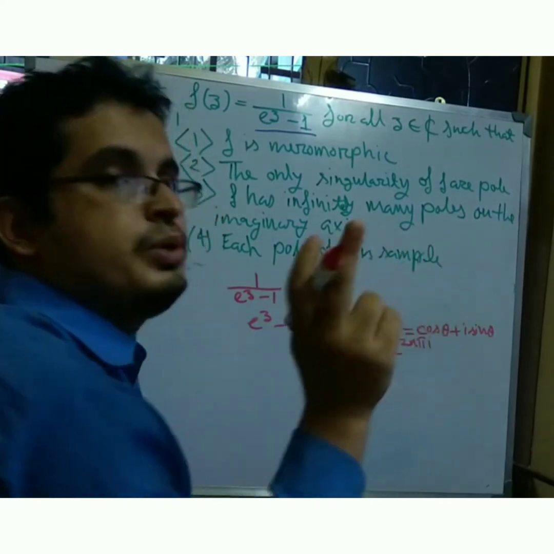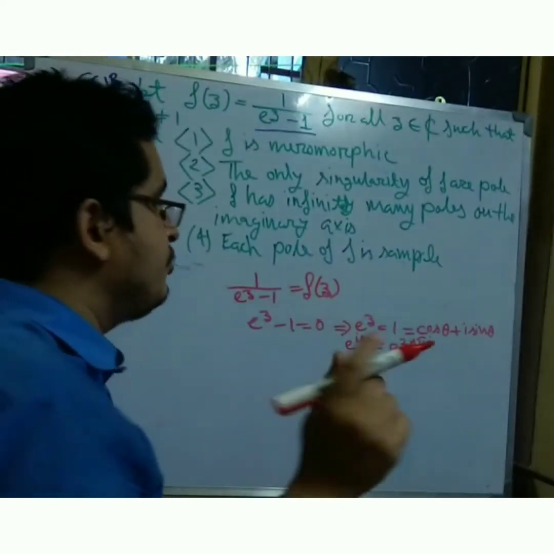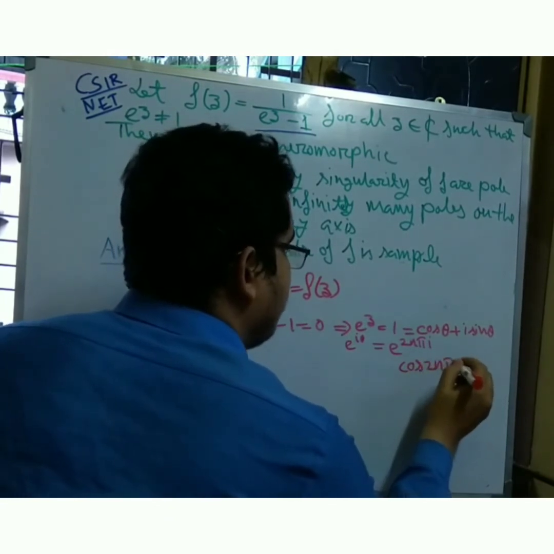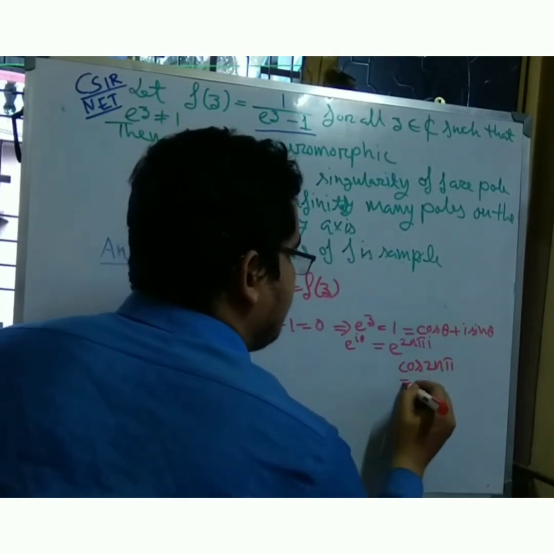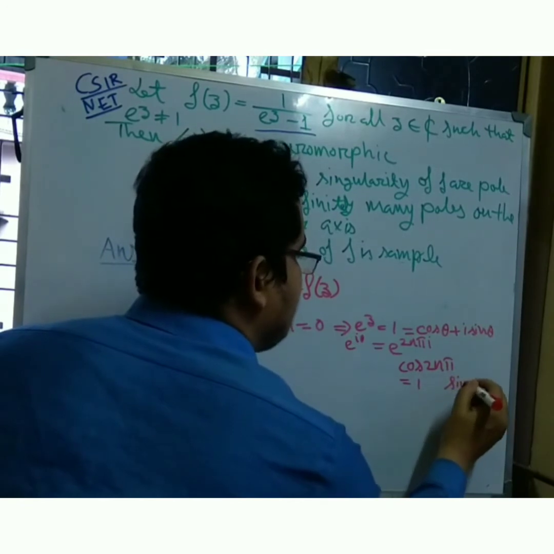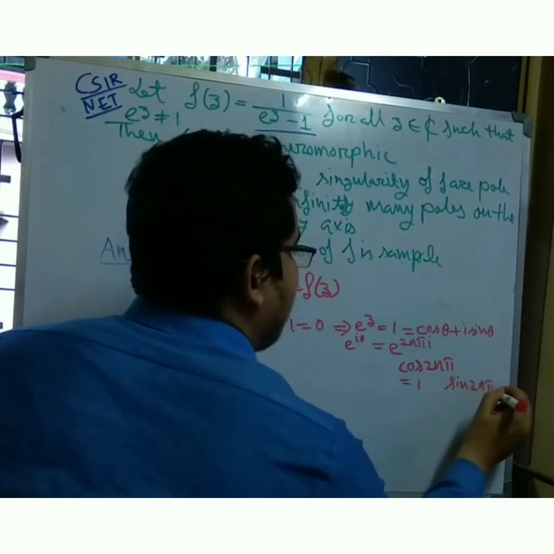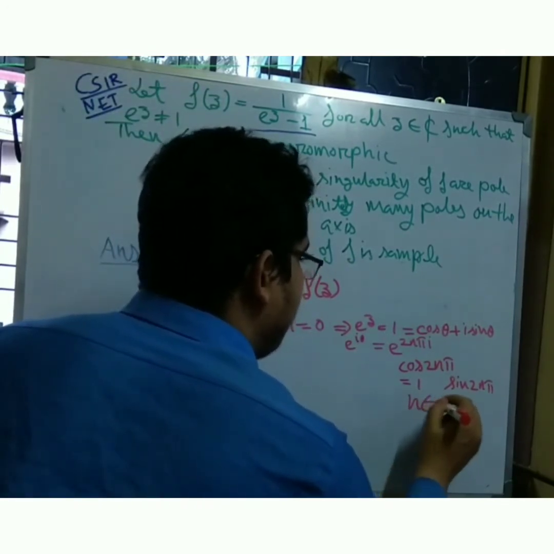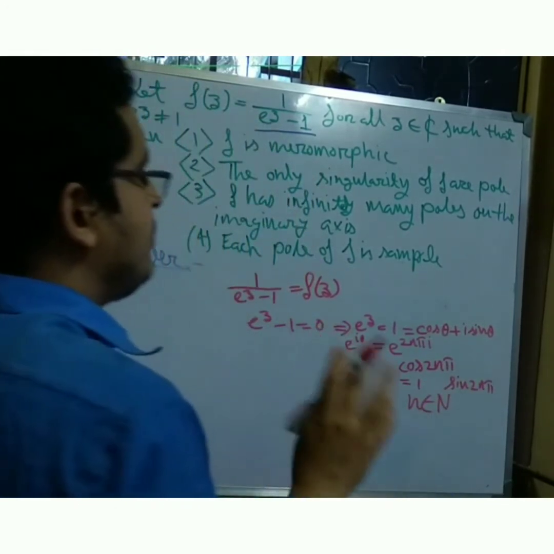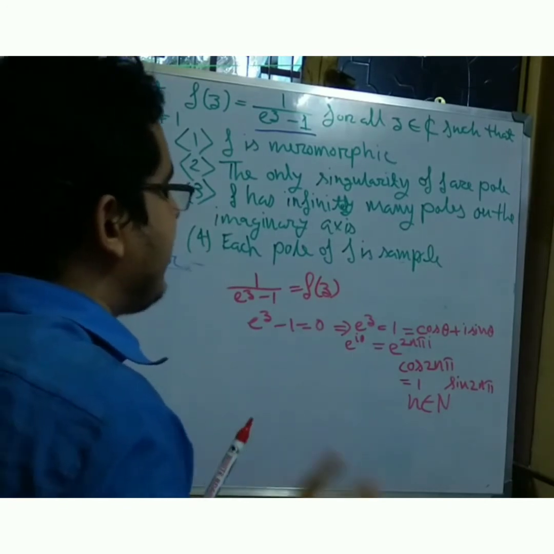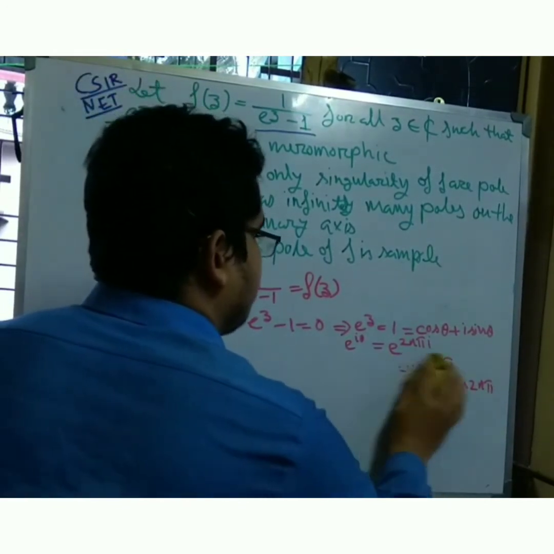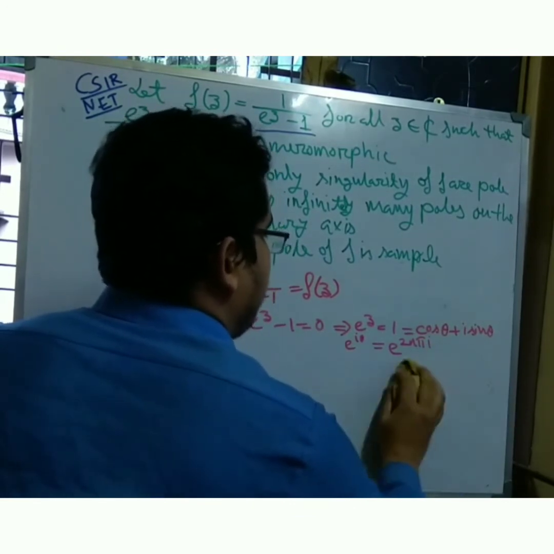Theta is equal to 2n pi. Cos 2n pi is equal to 1 and sin 2n pi is equal to 0, where n belongs to N. According to De Moivre's theorem, it can be written as e^(i theta).